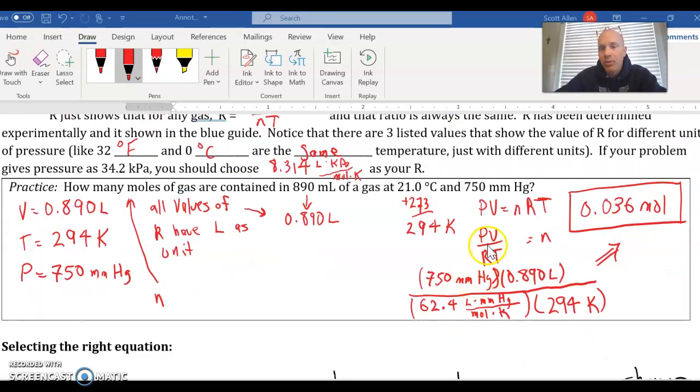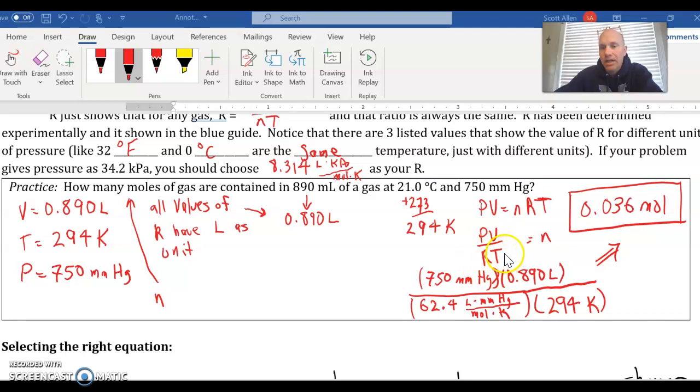What we're going to do at that point is plug in the different values. Our pressure is this right here. Our volume is 0.890 liters. Here's our value for R, and here's our value for T. One thing that I think helps out is to picture each of these variables as having parentheses around them.